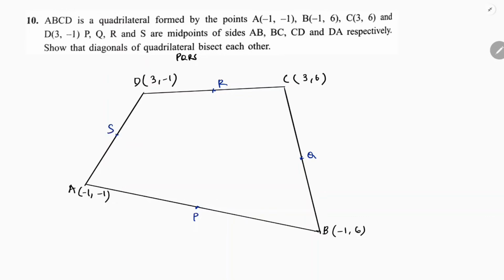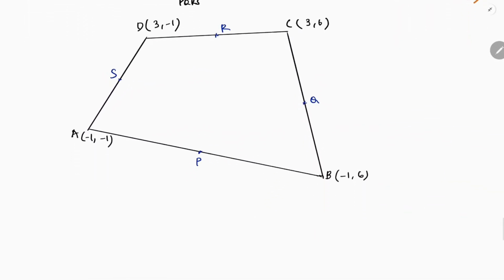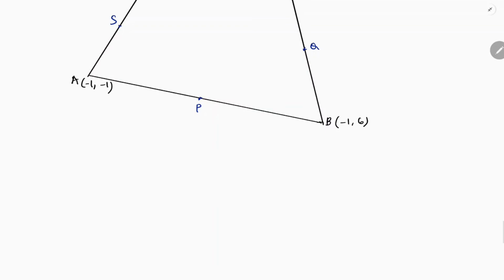So the midpoint formula is (x1 plus x2) by 2, (y1 plus y2) by 2. I'll find it here in the diagram itself. For the AB midpoint: (-1 plus -1) by 2, (-1 plus 6) by 2.